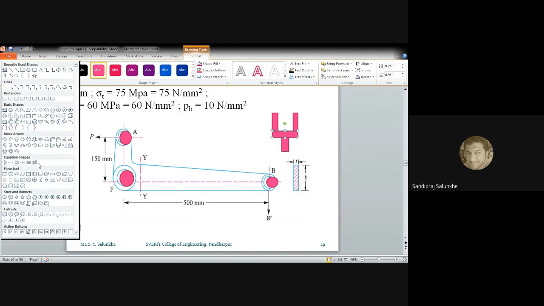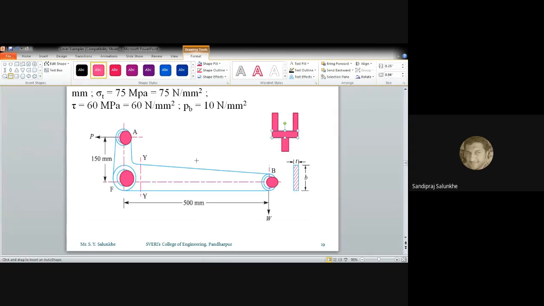So this pin is what we are going to insert here.